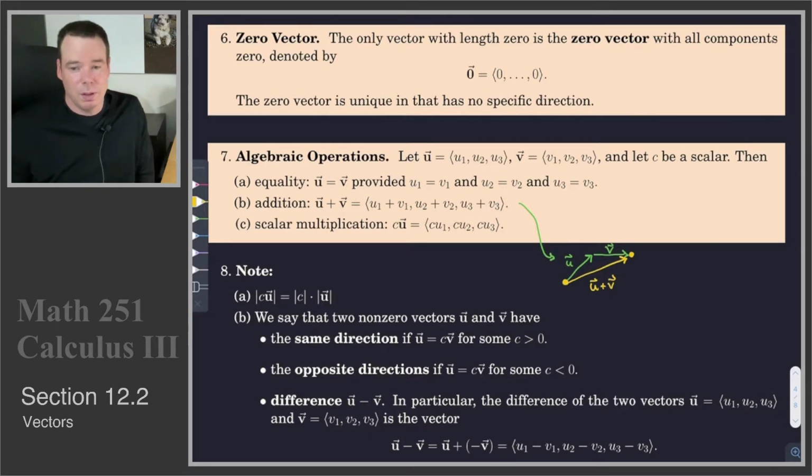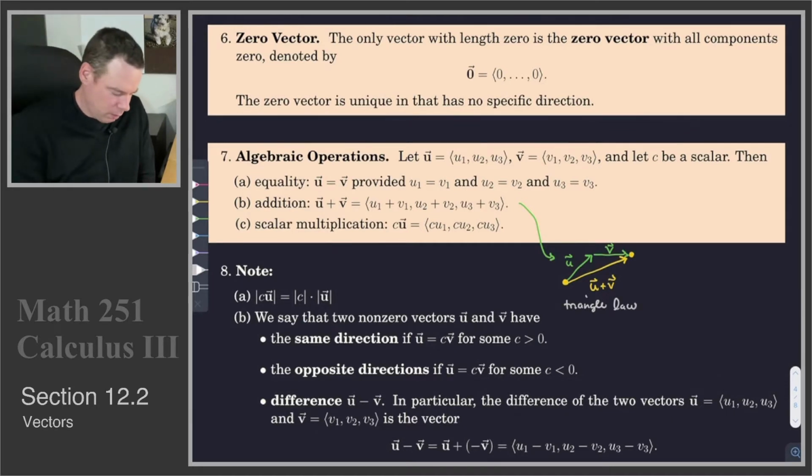Well, I just moved along the x direction. I moved whatever distance u took me in the x direction plus whatever distance v took me in the x direction. And similarly for the y direction. To get from the tail of the yellow vector to the tip of the yellow vector, I just went however far up u took me plus however far up v took me. And so that's the pictorial representation of the corresponding sum of 2 vectors that we gave algebraically as just adding the components together. This is known as the triangle law for adding 2 vectors.